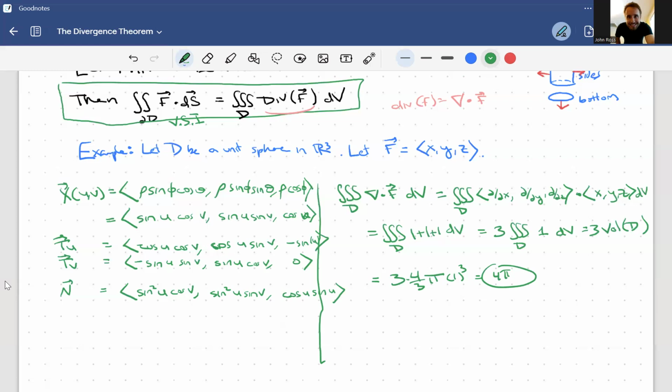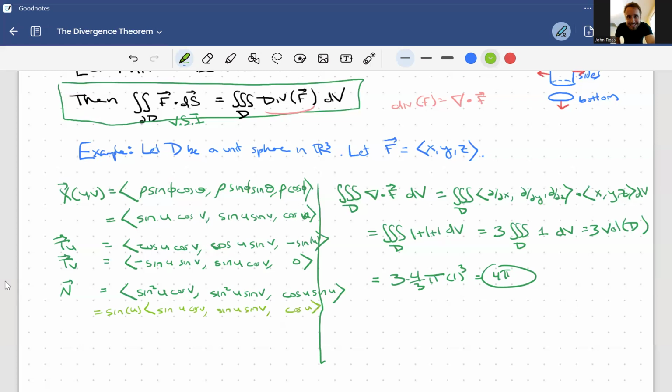If you wanted to, you don't have to, but if you wanted to, I'll do it in a different color to highlight that it's perhaps optional. We could pull out a single sine of u from every single term, and notice what we get left over is sine u cos v, sine u sine v, cos u.